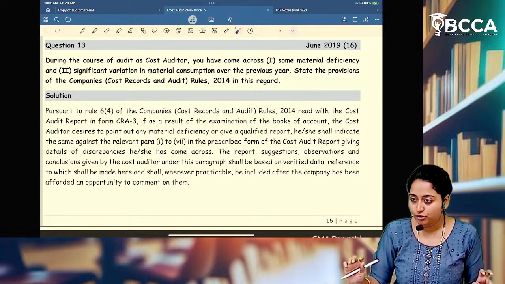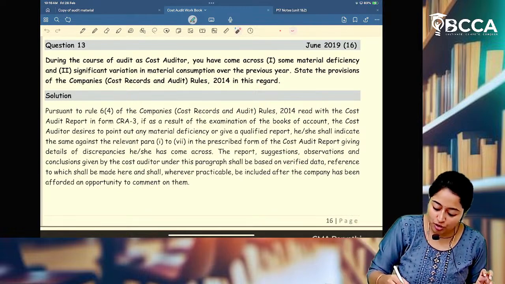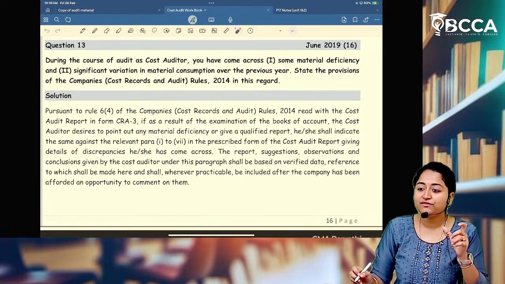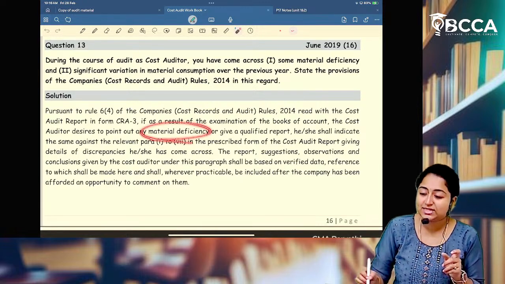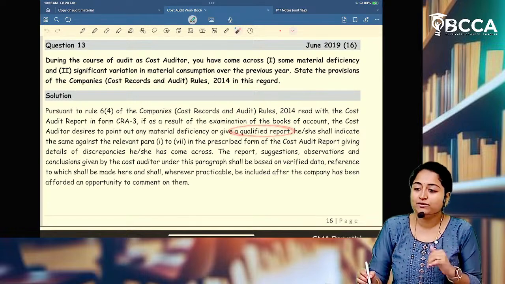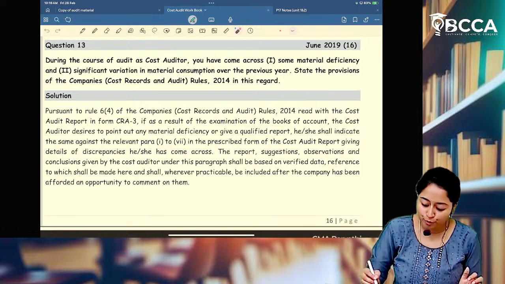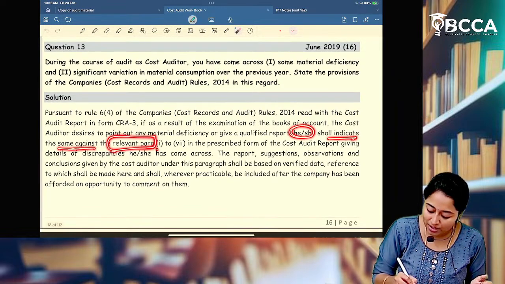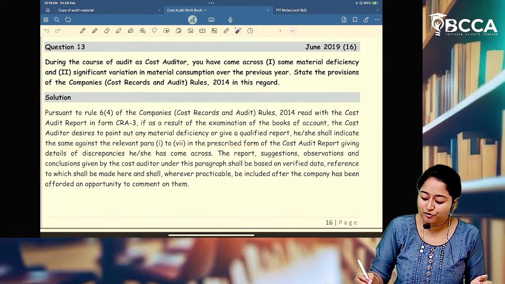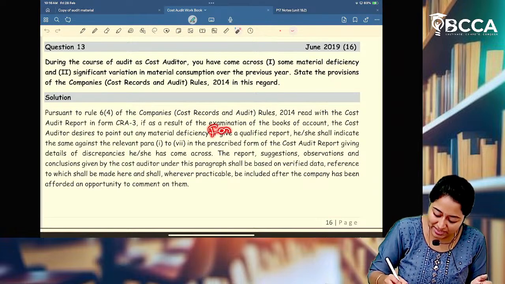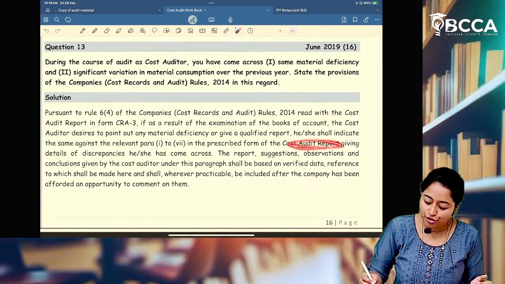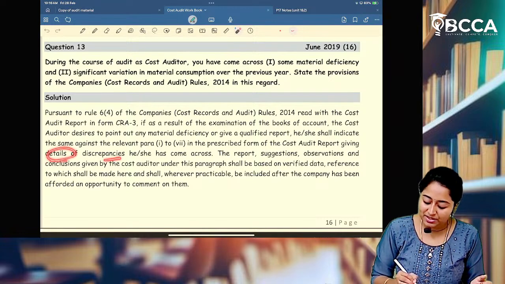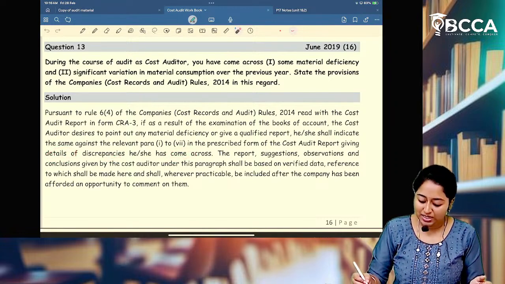So if any cost auditor while doing audit finds any material deficiency or wants to give a qualified audit report, then he or she shall indicate the same against the relevant para 1 to 7 in the prescribed form. What is the prescribed form? Form CRA-3 of the cost audit report, giving details of discrepancies that he or she has come across.